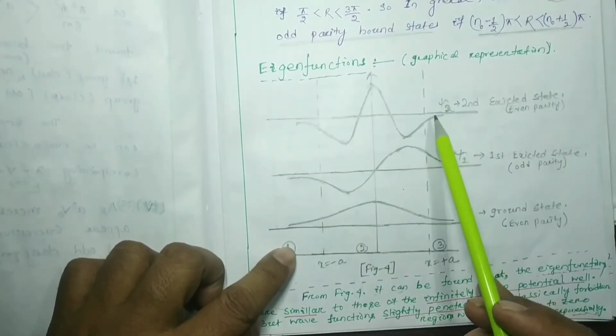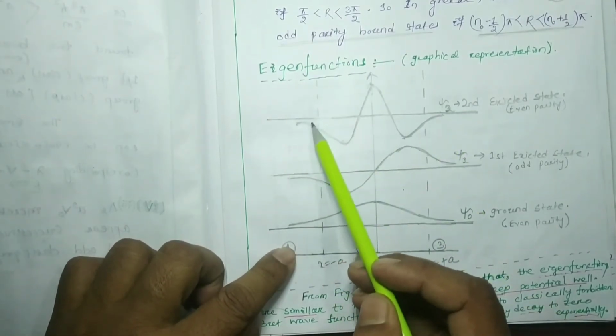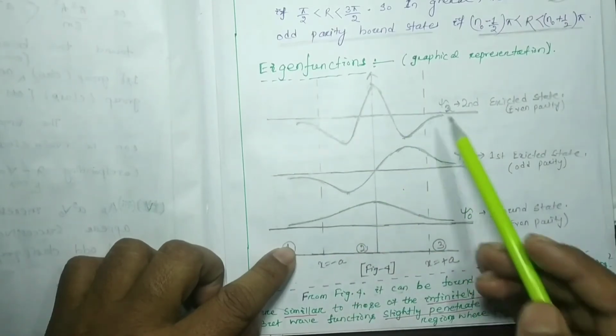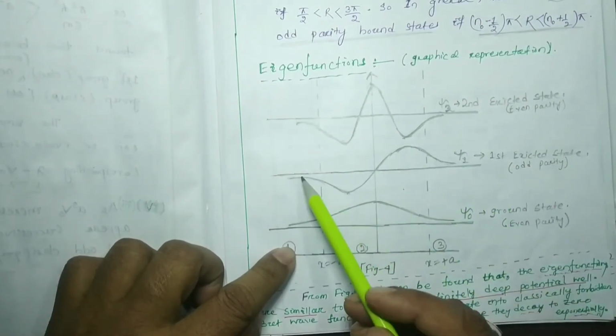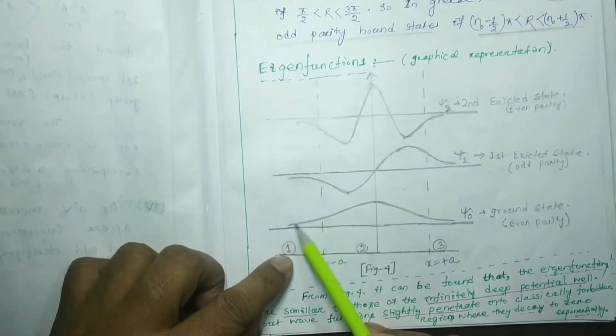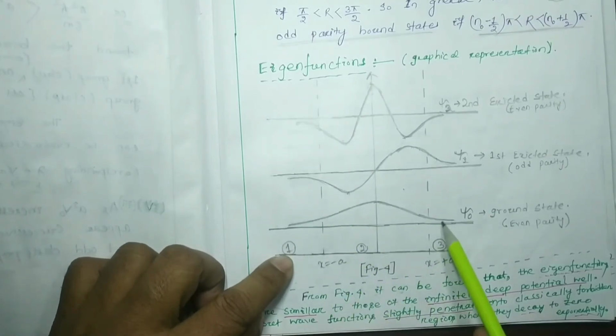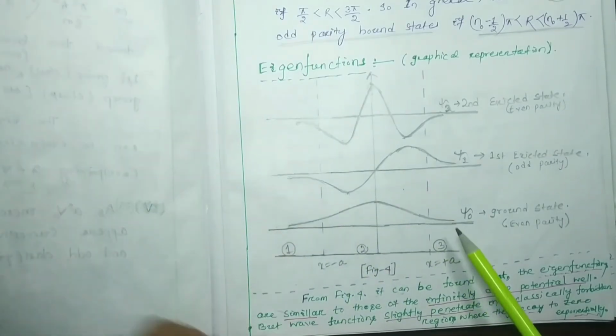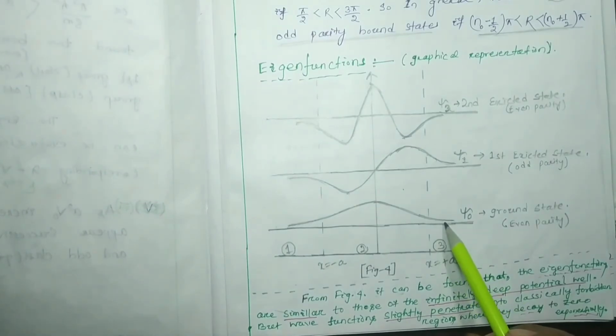That means here we can say the probability of finding the particle will be finite. It is not 0, the wave function is present, which means there is a probability of finding the particle in this region.